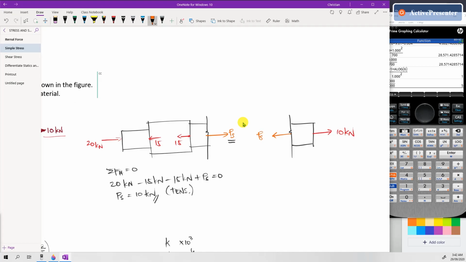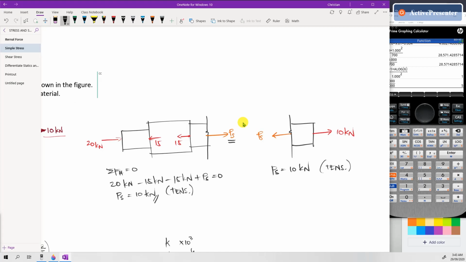And mapapansin natin dito sa free body diagram na tension pa rin yung makukuha nating actual force. So pahila pa rin siya dun sa section ng steel. Okay? Then dalawang force lang naman yan. Then obviously P sub S is equal to 10 kilonewton. Still, tension pa rin tayo.